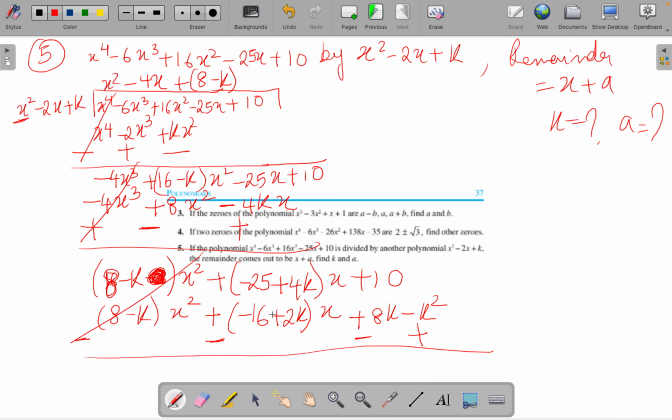Again this gets cancelled, let's just try and simplify this. So this will come minus 25 plus 4k minus minus plus 16 minus 2k x plus 10 minus 8k plus k square. This is our remainder. This cannot be solved further, right children.